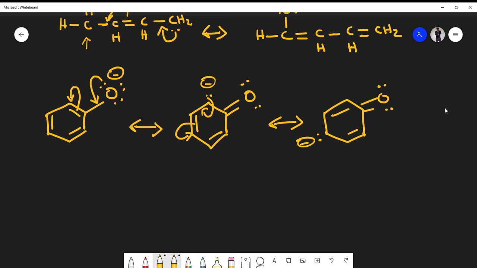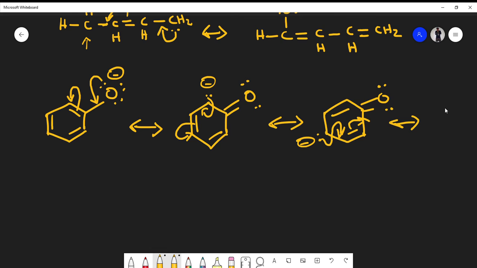Now you may ask yourself, can we draw another resonance structure? And the answer is sure. I hope you're seeing this. I could take this lone pair, form a double bond here, and then move this single bond to form a double bond on this side. Well, excuse me, not a double bond, because that would give this carbon 5 bonds.